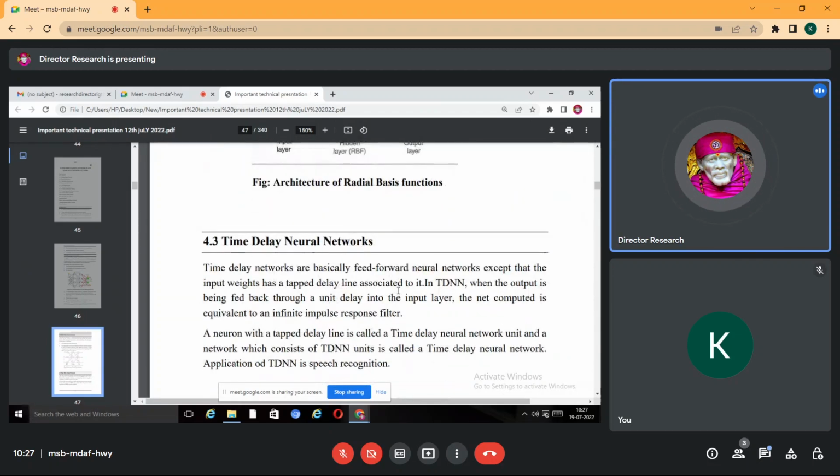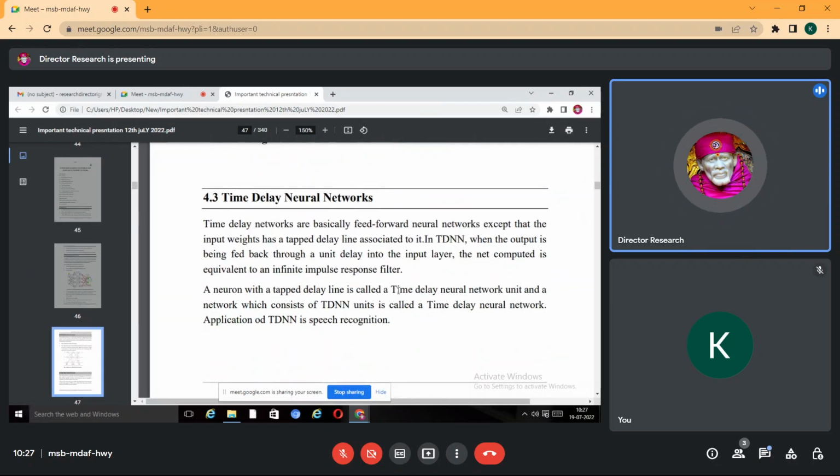Time delay neural networks. Time delay neural networks are basically feed-forward neural networks, except that the input weights have a tapped delay line associated to them. In time delay neural networks, when the output is fed back through a unit delay into the input layer, the net computed is equivalent to an infinite impulse response filter.